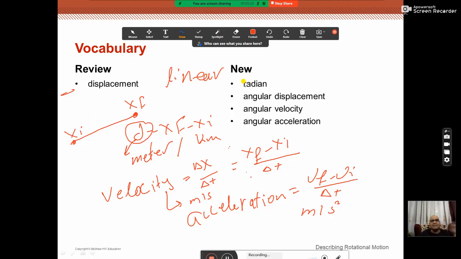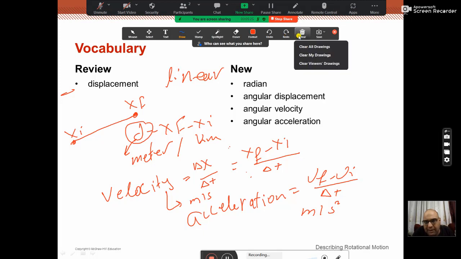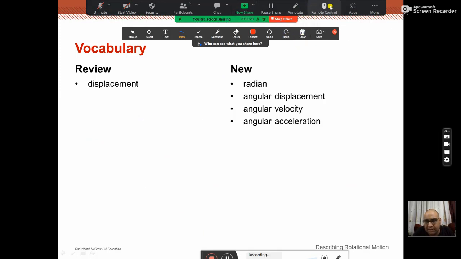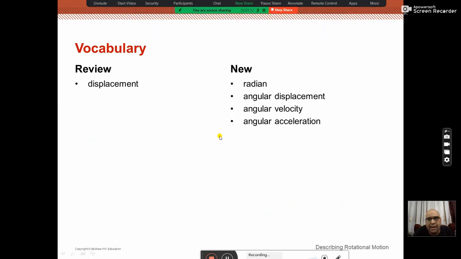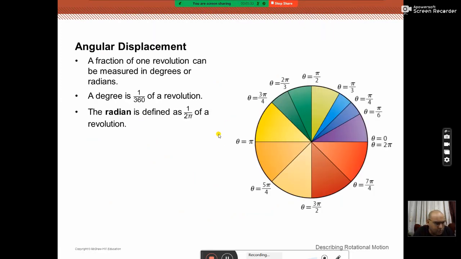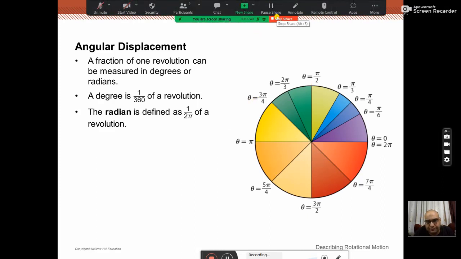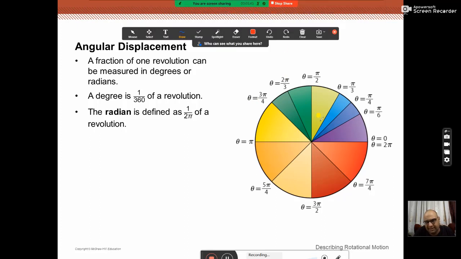Today we're going to study the angular one. Angular means the movement of the object along a curved path, a circular path. We know that the circle consists of a total angle of 360.